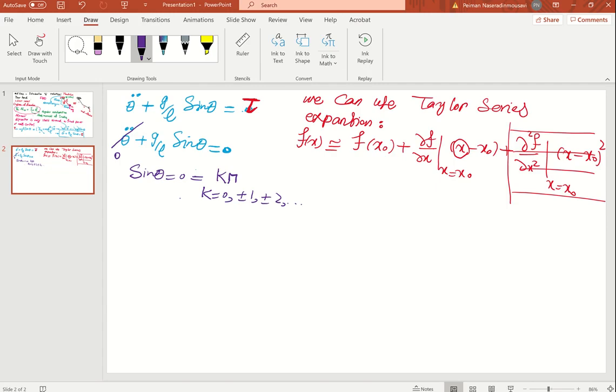Let me start with k equal to 0. If sine of k pi is 0, then k is equal to 0.